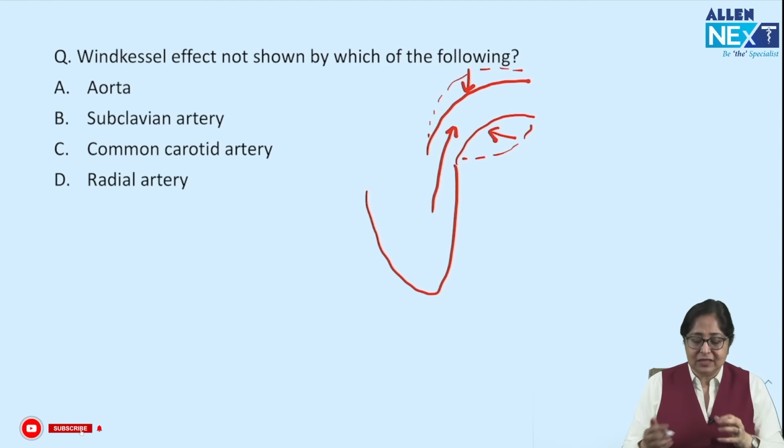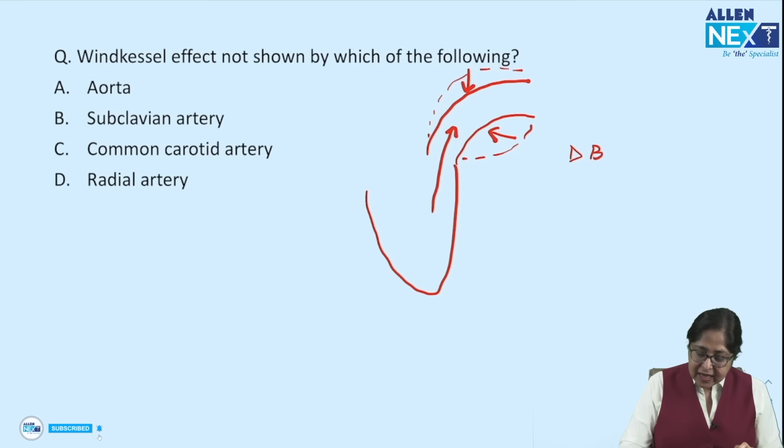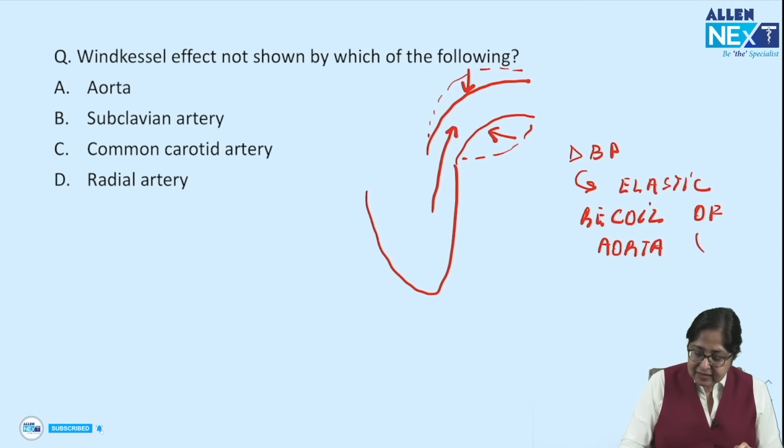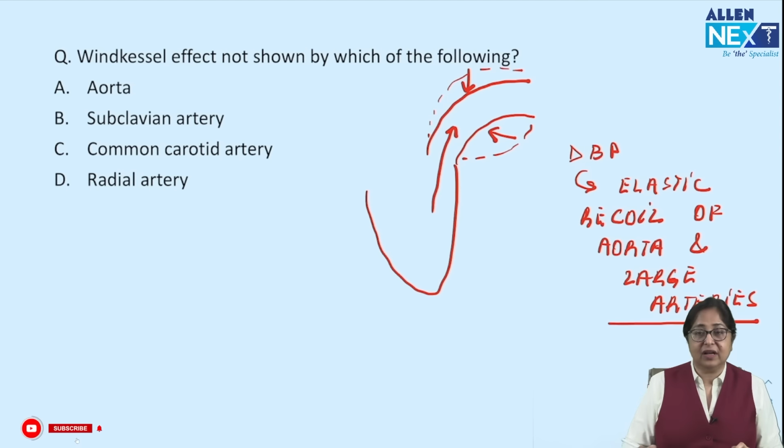And the main reason for the diastolic blood pressure is this elastic recoil of the aorta and large arteries. And that is why this is known as the Wind-Kessel effect. And the aorta and the large arteries, which have a high content of elastic tissue, are known as the Wind-Kessel vessels.